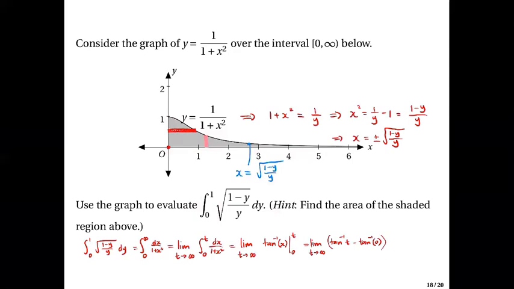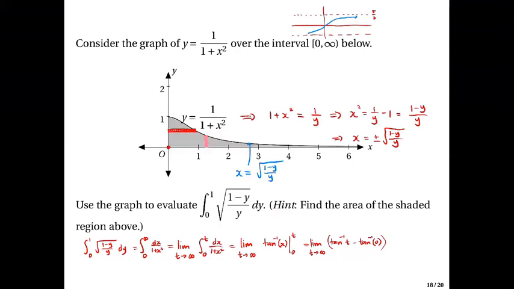And recalling the graph of tangent inverse, you have the asymptote here at pi over 2. The graph will be something like this, approaching pi over 2. And here, it approaches negative pi over 2 down here.